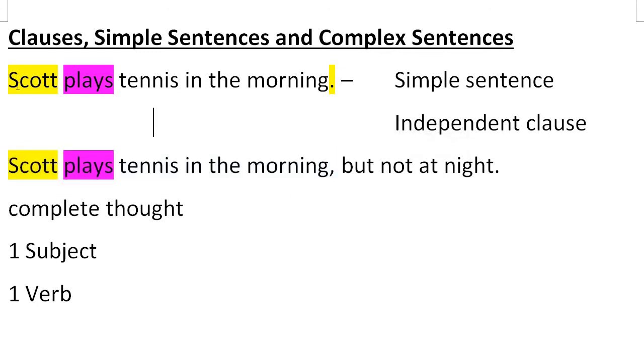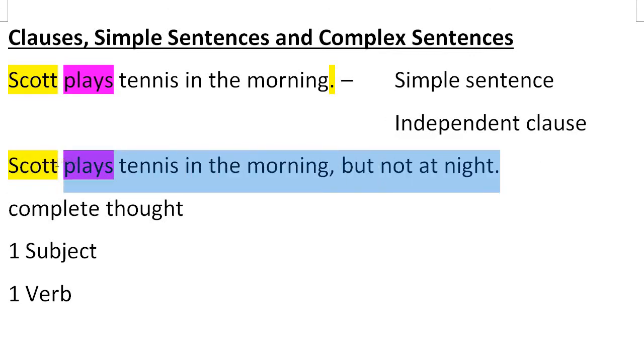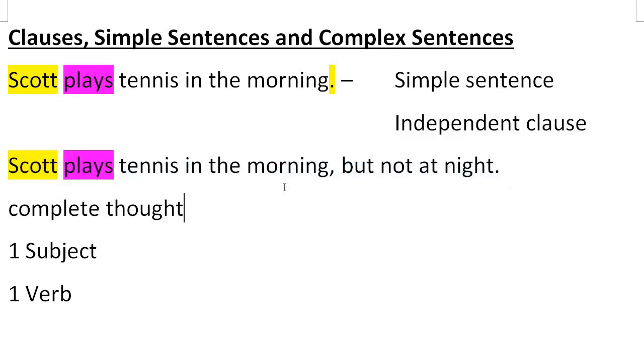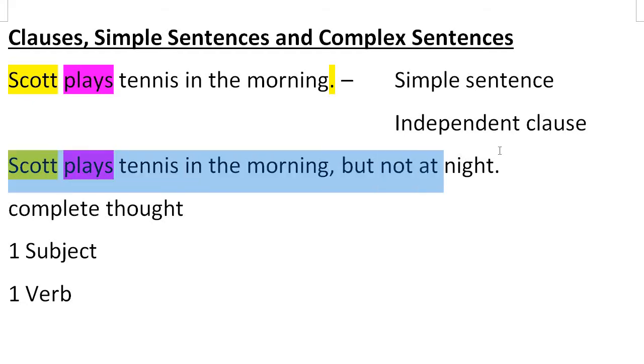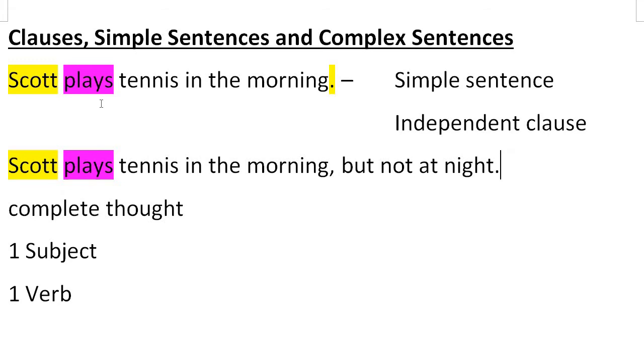So that's different. So here it is both a simple sentence and an independent clause, and here it is just the independent clause that is part of this bigger sentence. So that's basically the difference. A sentence can be made up of multiple clauses, but your simple sentence will always only have one complete independent clause. And that makes it quite easy to recognize.